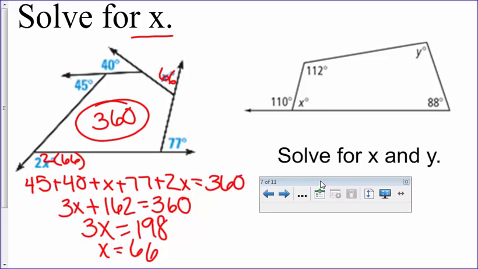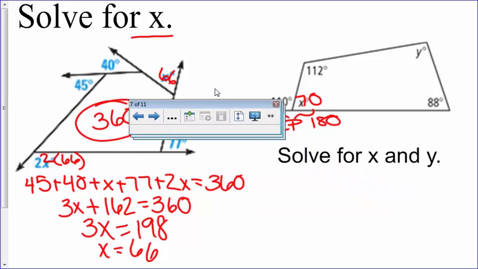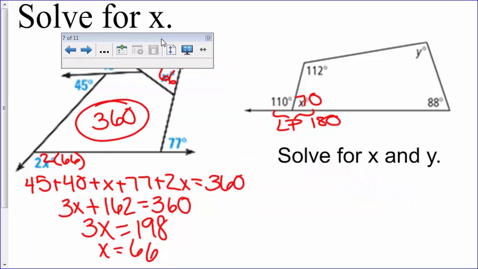Now the second one has a mixture of exterior and interior angles. Remember, the exterior angle and the interior angle with the 110 are a linear pair, so we know that they equal 180. If we subtract 110 from 180, you should get 70 for that interior angle. Now, we're trying to find y, which is the other interior variable that's missing.